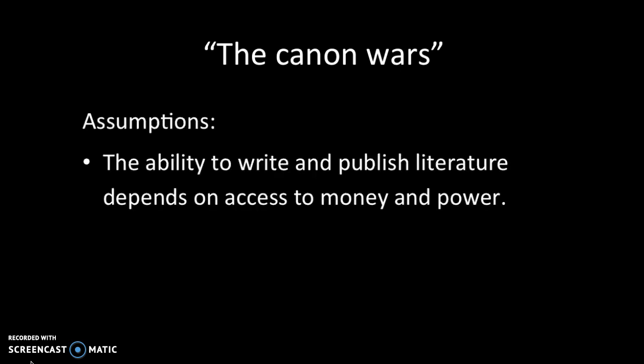Okay, so the assumptions that we're making as we go forward in this discussion about the canon are, well, the first one is that the ability to write and publish literature depends on access to money and power. If, for example, you're an African American in this country and it's the early 1800s and you're in the South, you are most likely a slave.